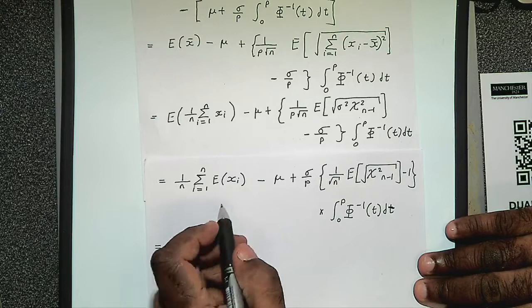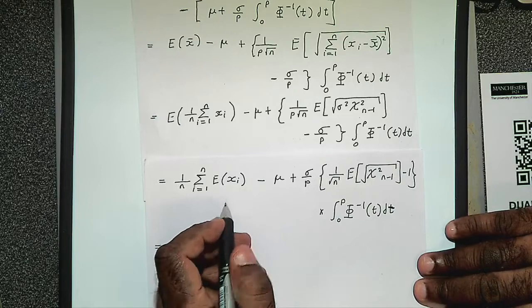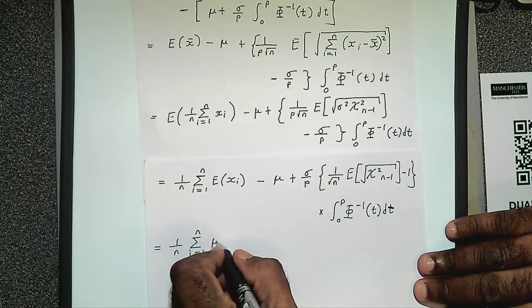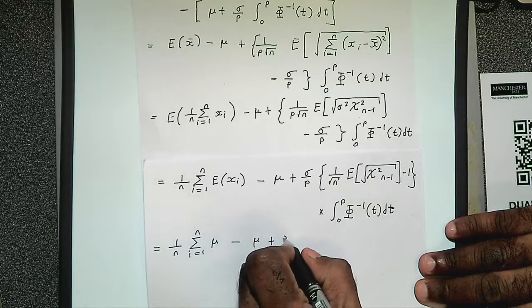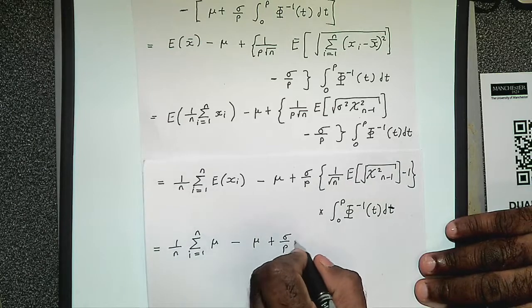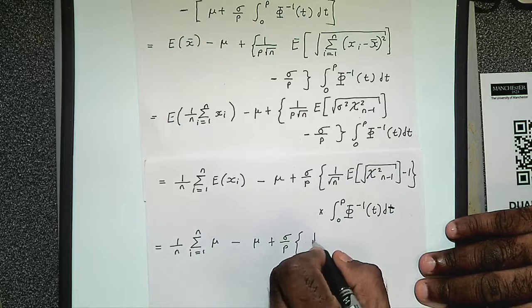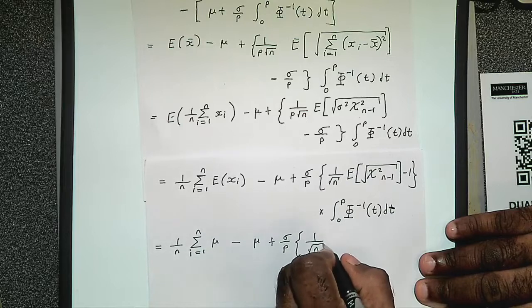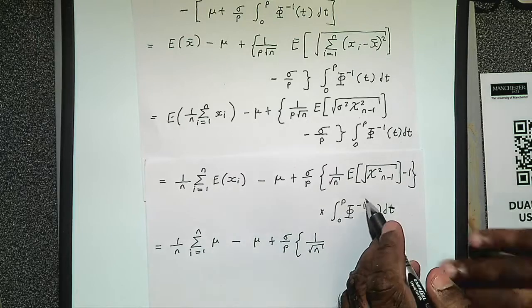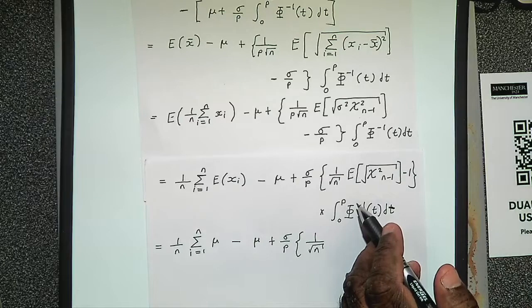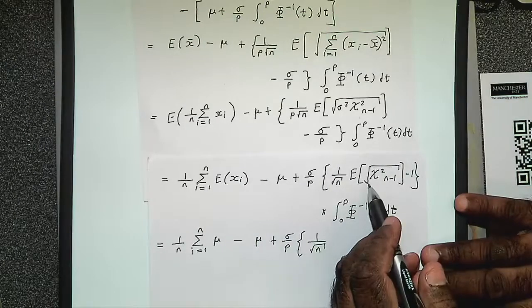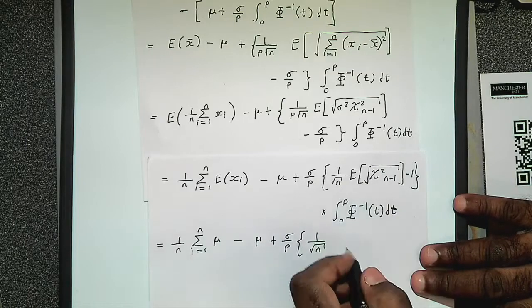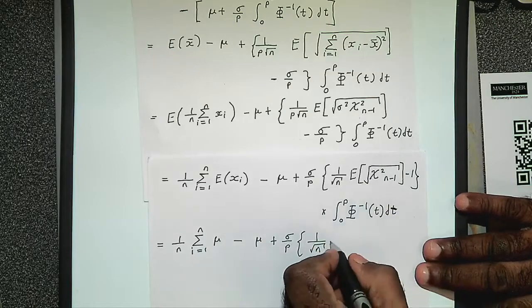for a normal distribution, the expectation of xi is mu. Now it can be shown, I don't expect you to know this, but it can be shown that the expected value of the square root of a chi-squared variable is given by the following.